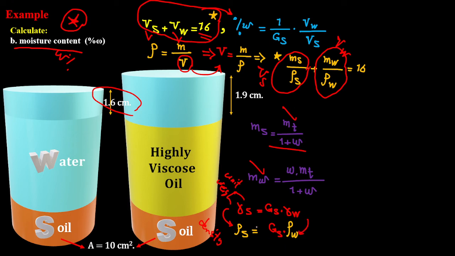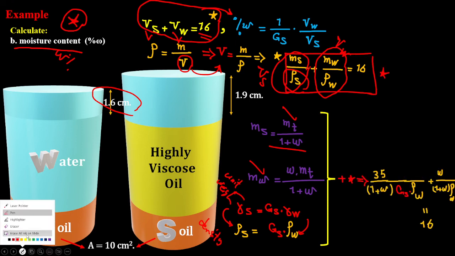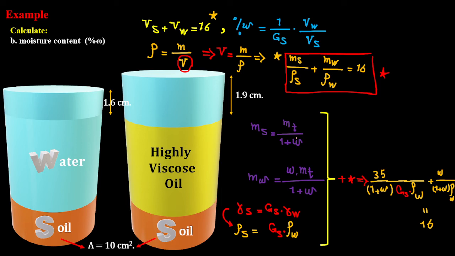If we replace that in this equation, and replace the numeric value of Ms from the problem statement, it's provided to be 35 gram over 1 plus w, over Gs rho w, that's just this part, Ms over rho s.